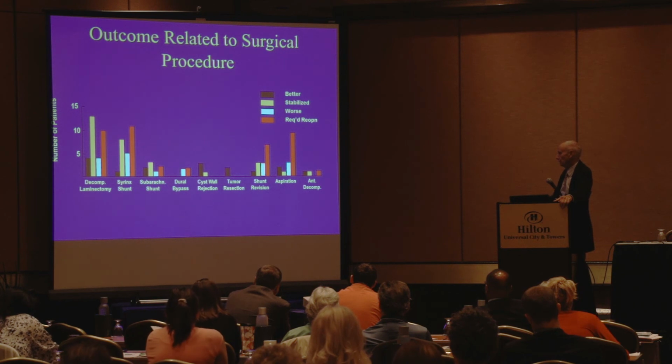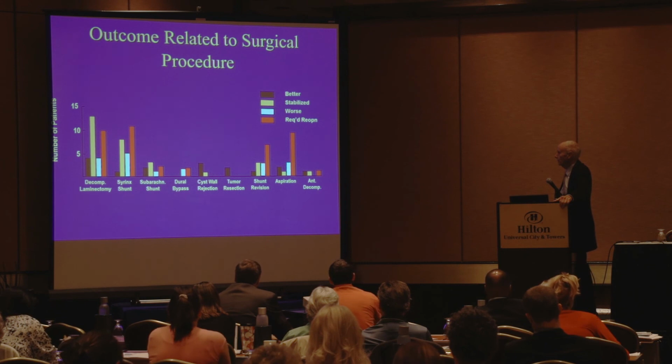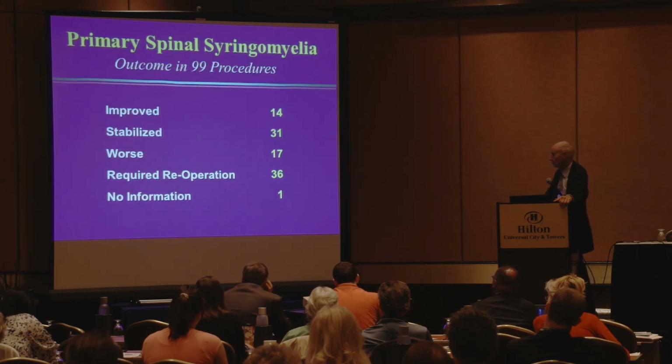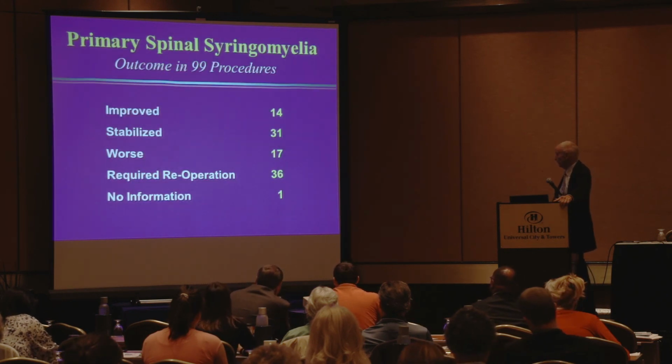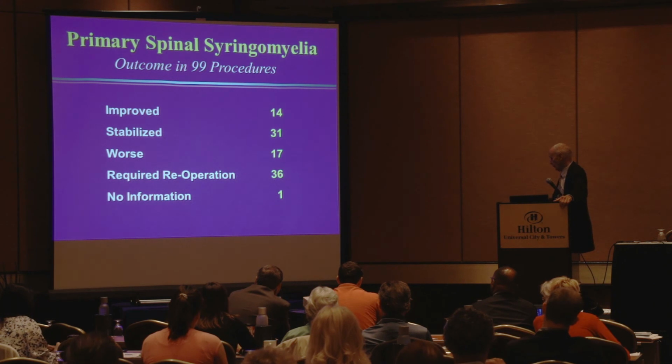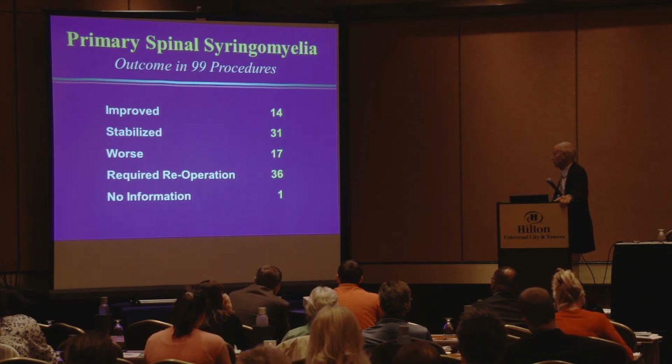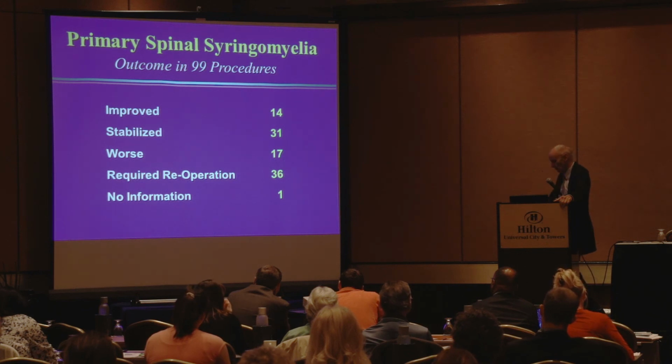And I've already indicated that this need for reoperation may occur with any kind of procedure that is performed. Overall, we had about a third of patients stabilized, about 15% improved. Somewhat more than a third required reoperation.